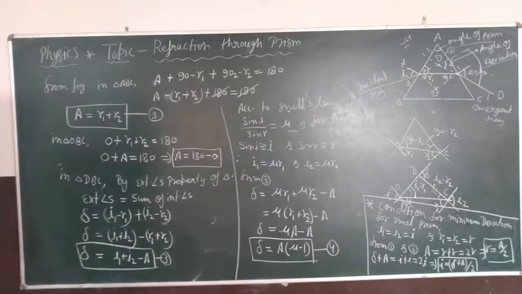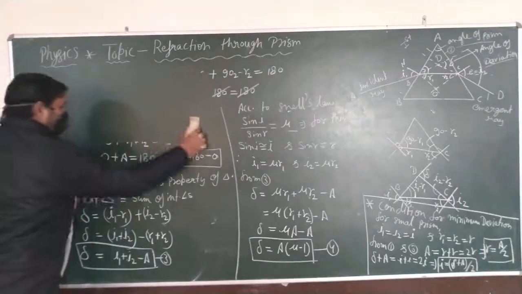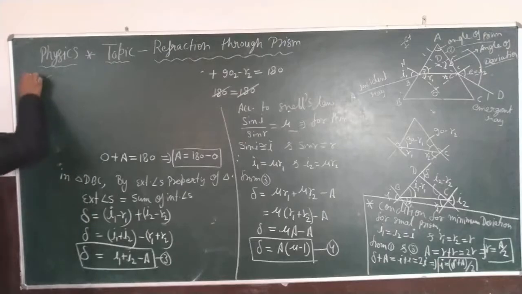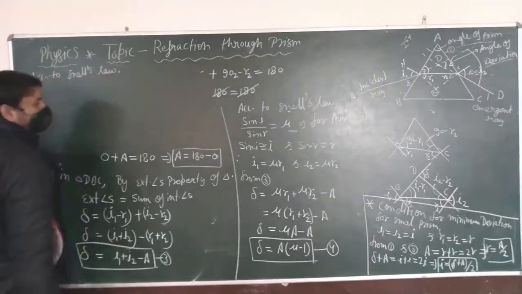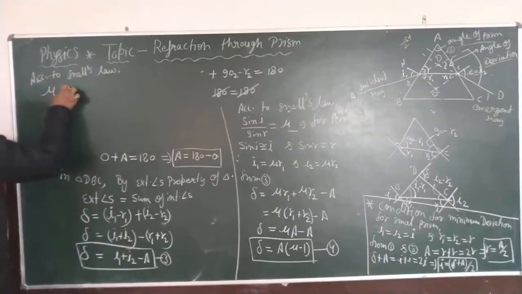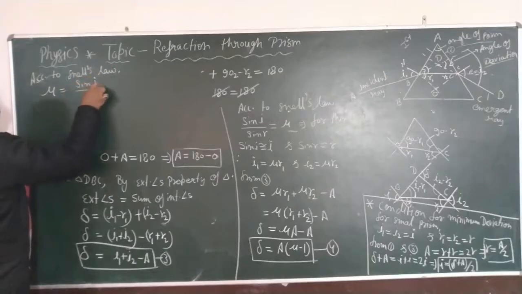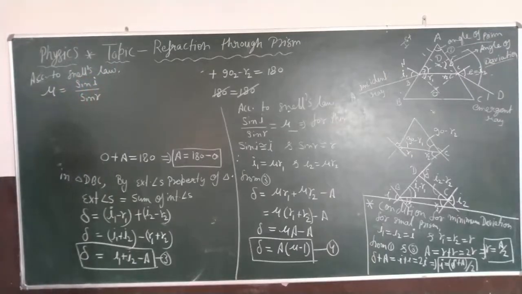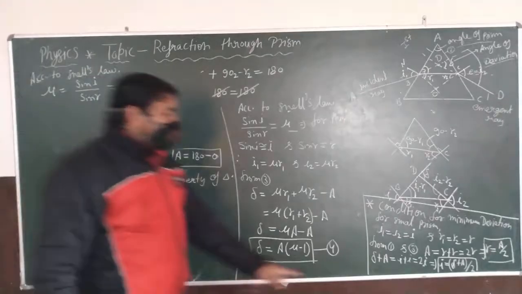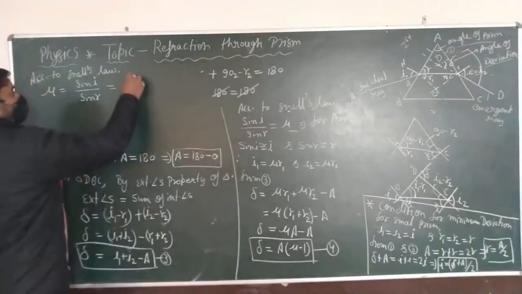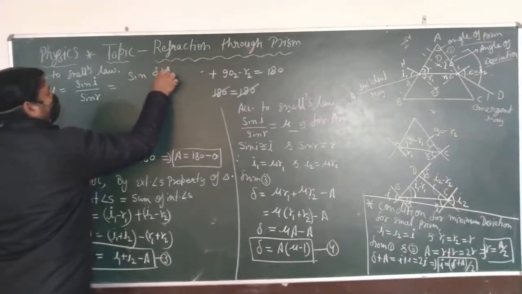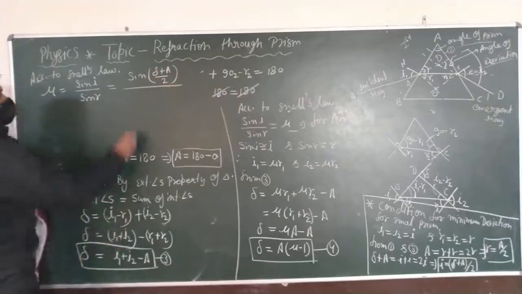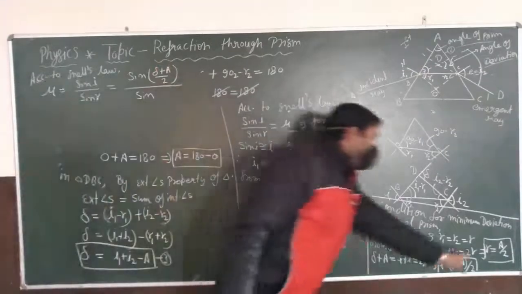Okay, now according to Snell's law, sin I upon sin R. Okay, we have the values of sin I and sin R, which is sin of del plus A by 2 and upon sin, the value of R is A by 2.